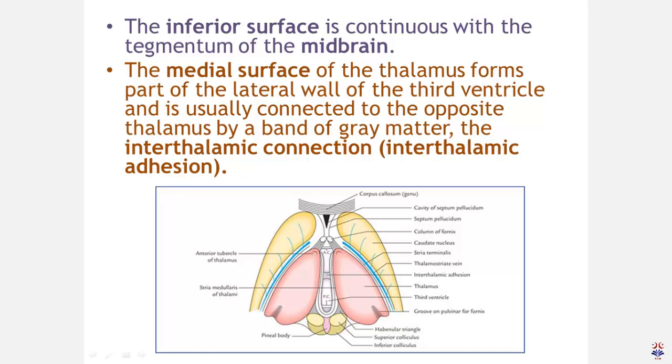The medial surface of the thalamus forms part of the lateral wall of the third ventricle, and it is usually united to the opposite thalamus by a band of gray matter, the interthalamic connection or interthalamic adhesion.